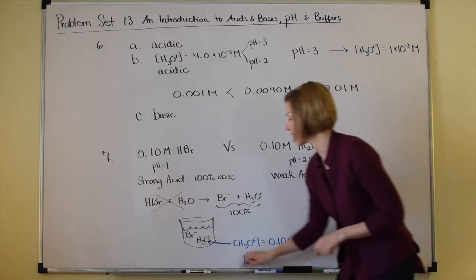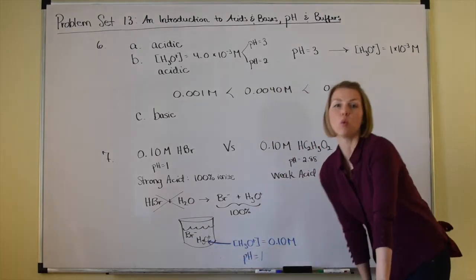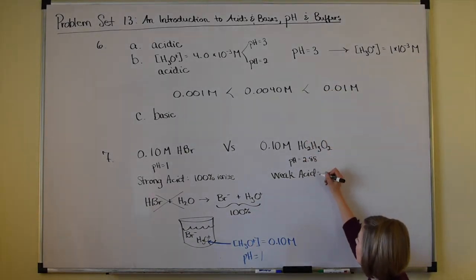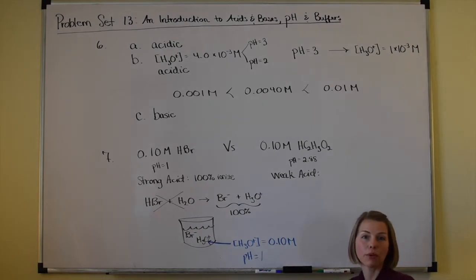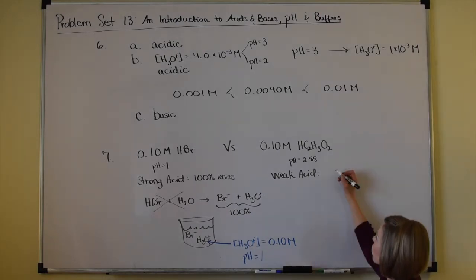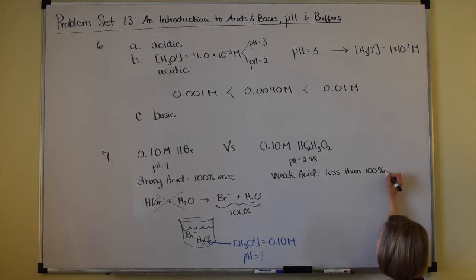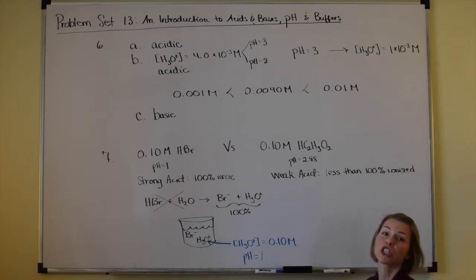What's going on over here with our weak acid? Well, we know that a weak acid does not give up an acidic hydrogen as readily, and therefore will be less than 100% ionized in an aqueous solution.